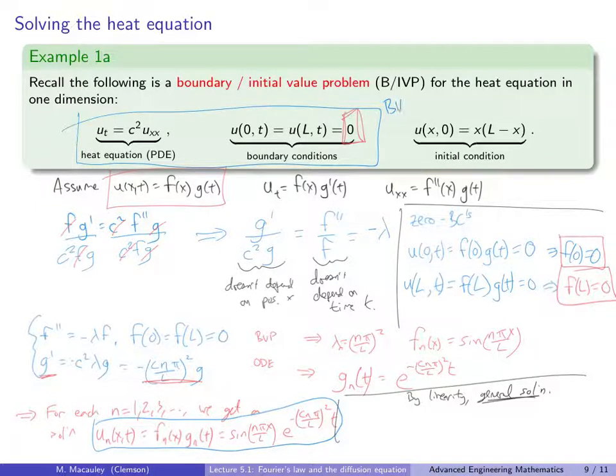So by linearity, the general solution to this BVP is u of x, t, the infinite sum from n equals 1 to infinity of, I'm going to call it B_n, because we have sines, B_n times u_n of x, t, which is just the infinite sum from n equals 1 to infinity of B_n sine of n pi x over L times e to the minus c n pi over L squared t. So this is our general solution.